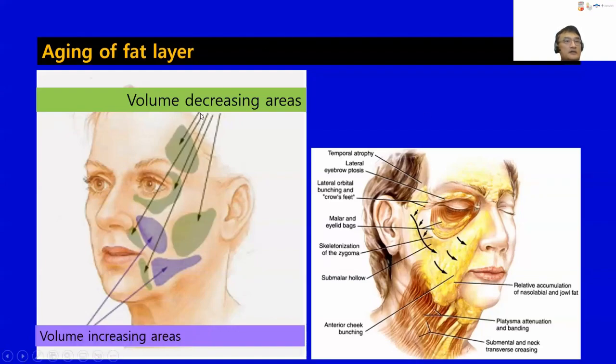Certain areas show loss of soft tissue volume, shown as the green colored areas, or hypertrophic regions, shown as the violet colored areas. Because of the different soft tissue foundations, the soft tissue gradually sags in the anterior and inferior direction.